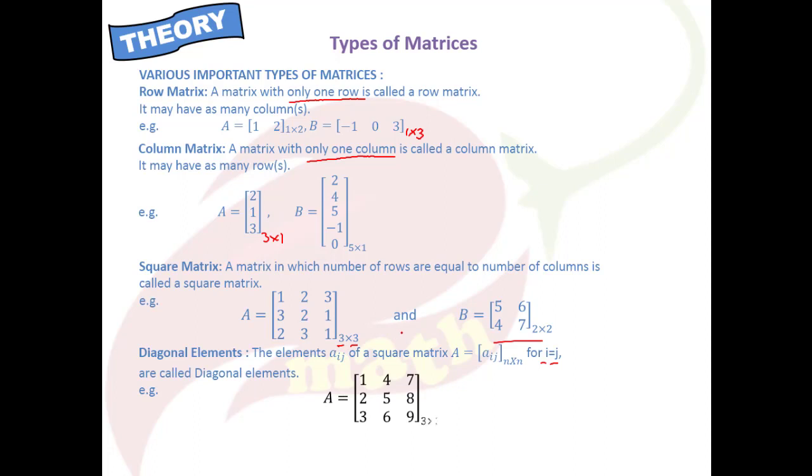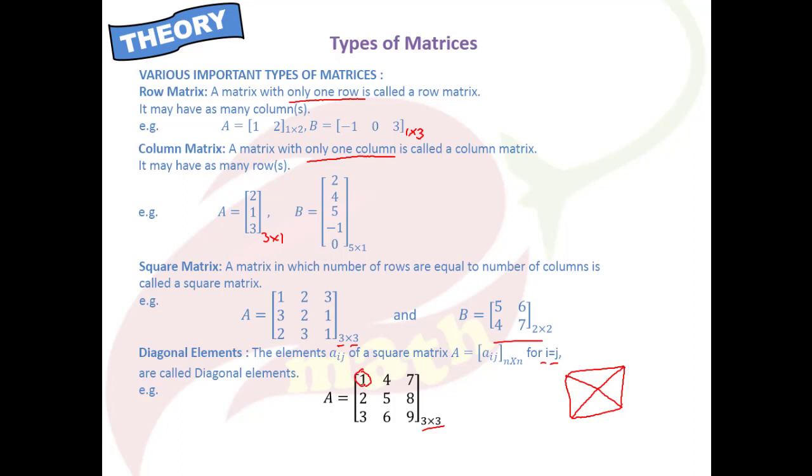For example, suppose A is a square matrix. Then if we draw a square, this is a diagonal, this is also a diagonal. It's okay in the figure, but in the matrix, diagonal elements are only those where row number and column number are the same.